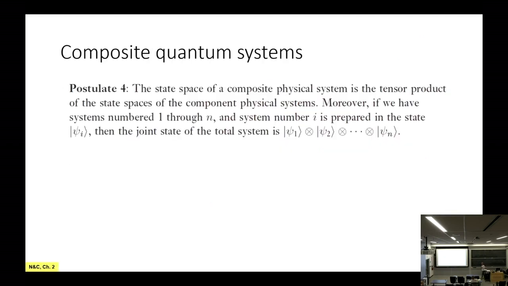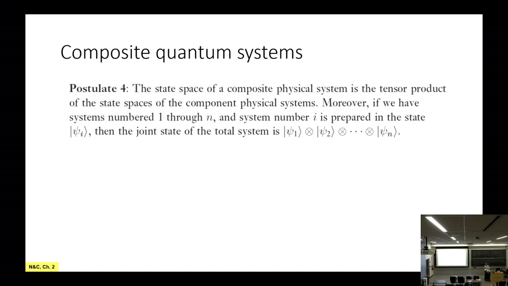All right, the last concept in the formulation of quantum mechanics that we need to worry ourselves with when we're thinking about our qubit systems is this idea of composite quantum systems. So Postulate 4 describes how the state space of a composite system is built from the state spaces of the component systems.